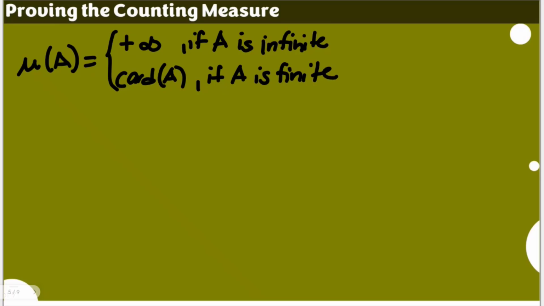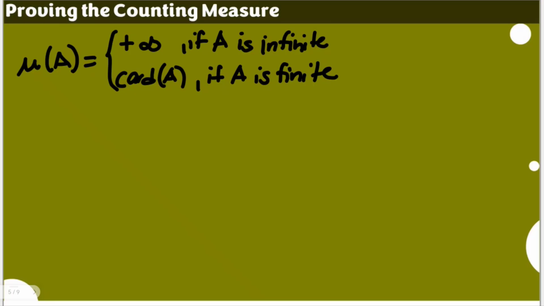So we're going to show that this is really a measure, and hence it's called counting measure, using the definition of a measure function. And for a measure function, of course, we need to satisfy these two conditions.